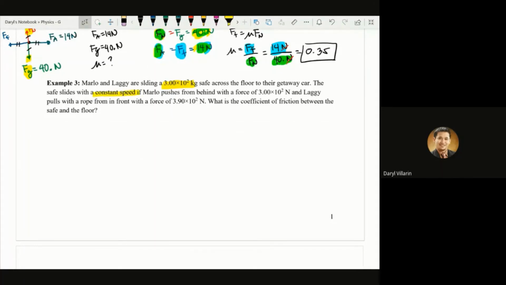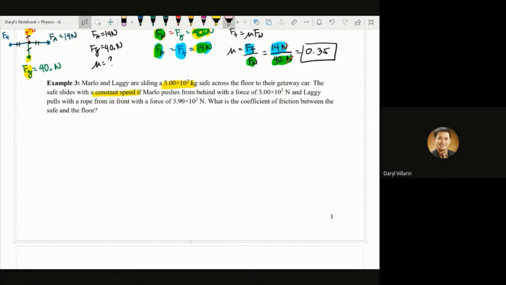If Marlo pushes from behind with a force of 3 times 10 to the power of 2 newtons, and Laggy pulls with a rope from in front with a force of 3.9 times 10 to the power of 2 newtons, what is the coefficient of friction?